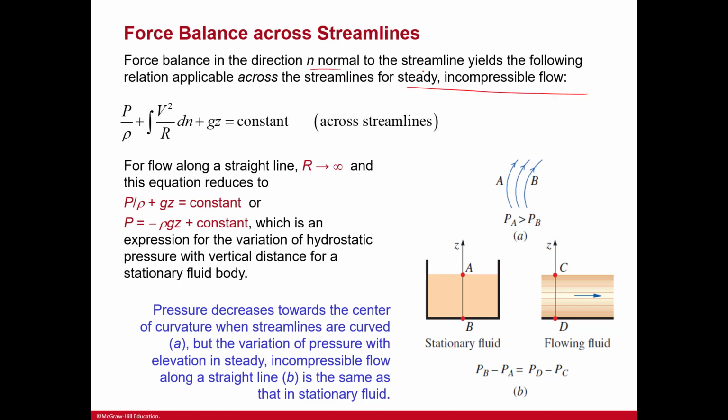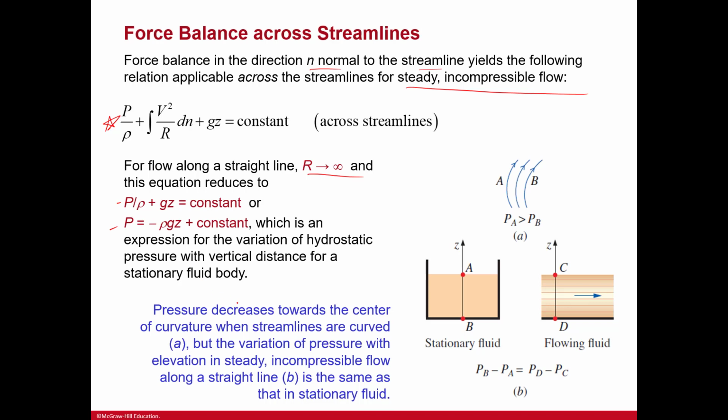And it is normal to the streamline here. And then for the flow along a straight line, so R to infinity, this equation reduces to here and then here, which is an expression of the variation of hydrostatic pressure with vertical distance for a stationary fluid body.